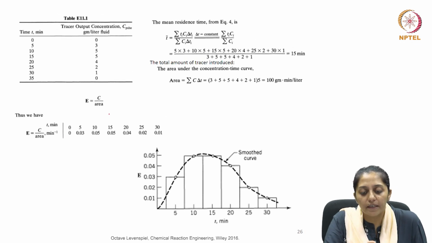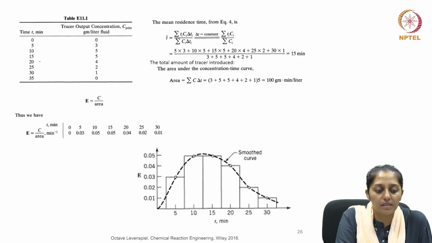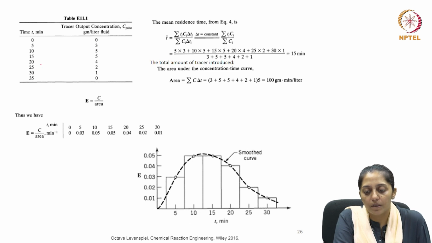So, how to find the area under the curve? First we calculate the mean residence time. You see the time intervals are equally spaced, so we can take delta t i as 5 minutes here. So, we will have summation C i t i divided by summation C i.